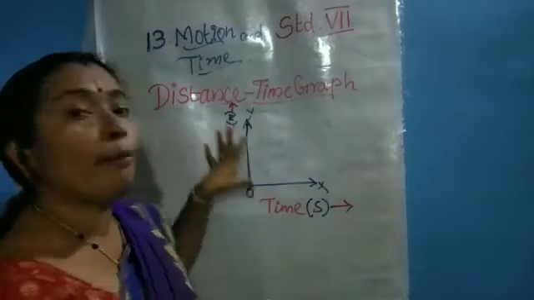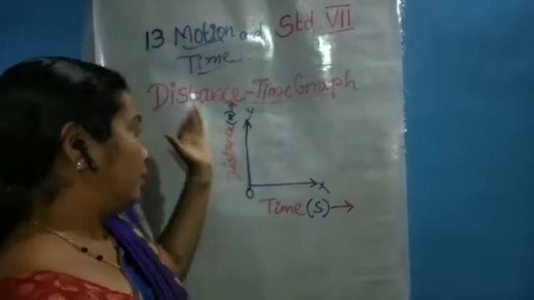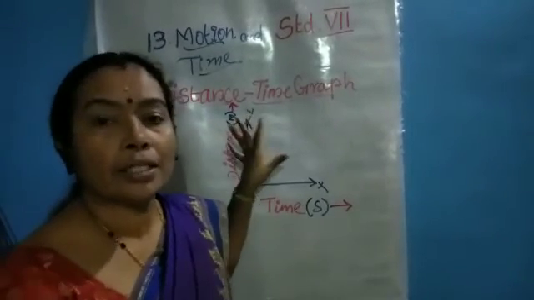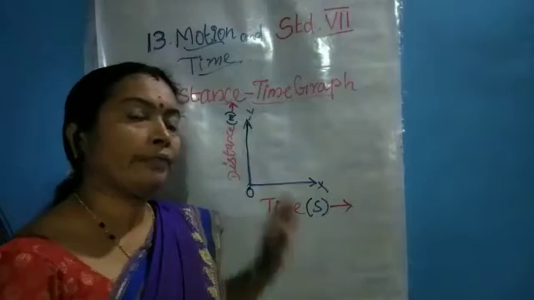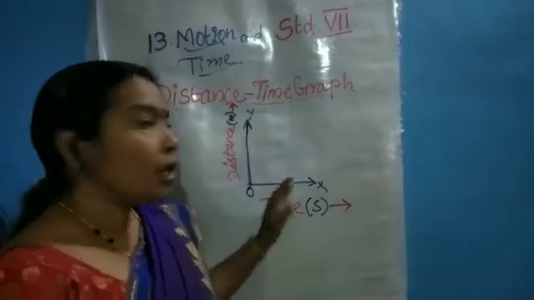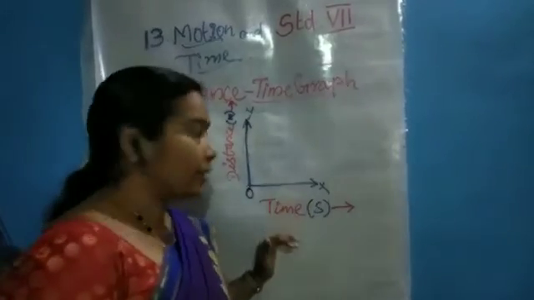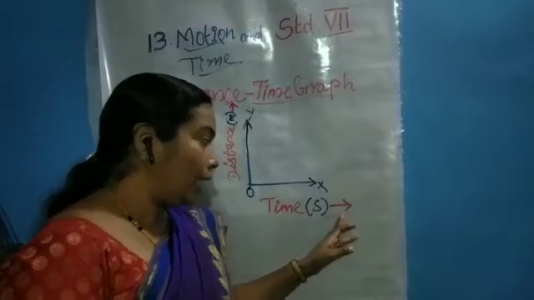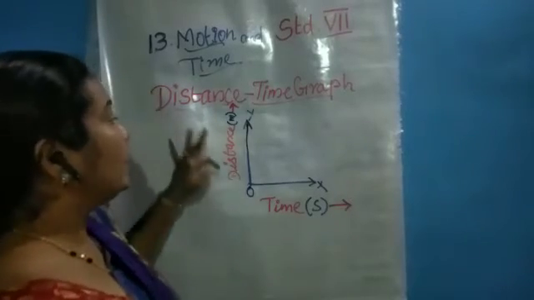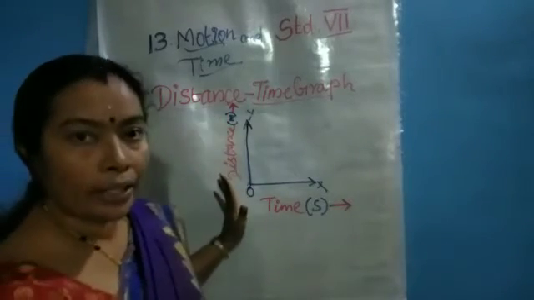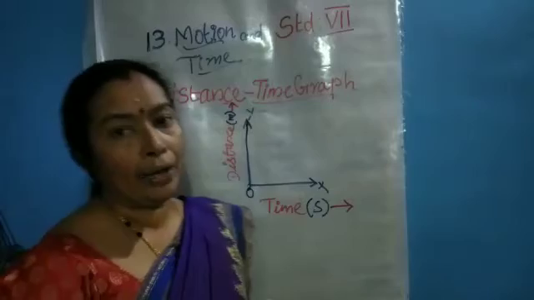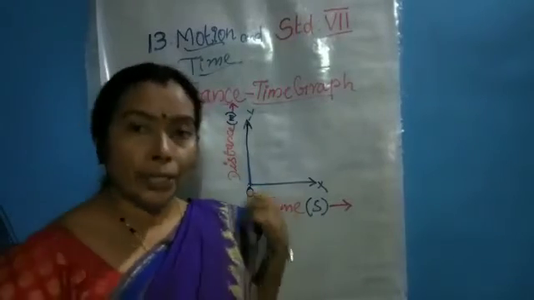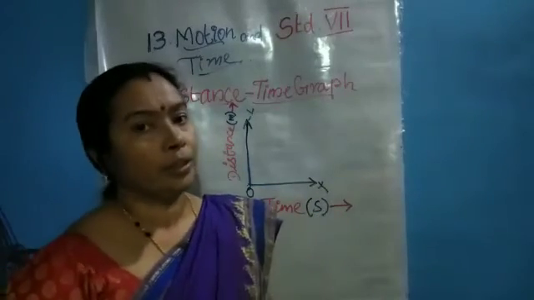So this is the fundamental plotting of the distance-time graph. Not only a distance-time graph, for any graph you have to write the quantity of the x-axis, its unit and put the arrow mark, and the same in the y-axis. If the quantities contain units, you have to write the units.